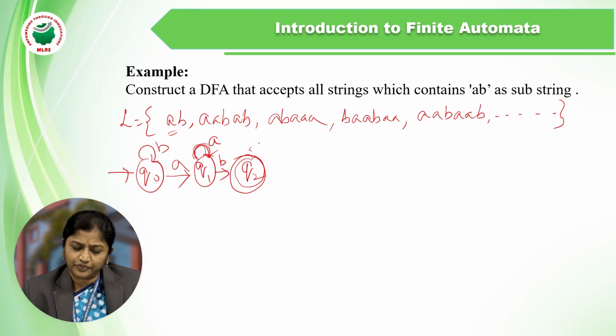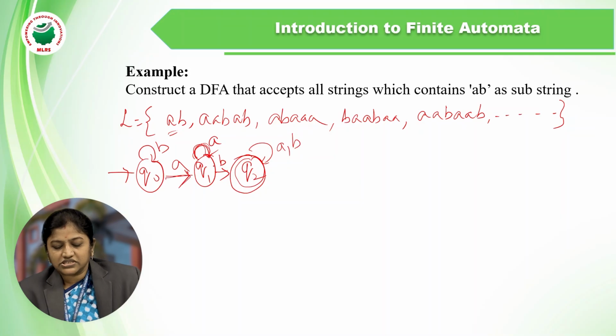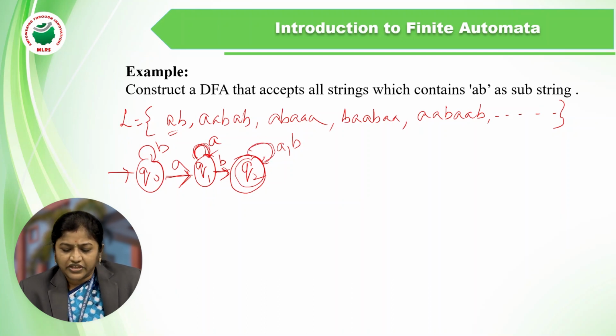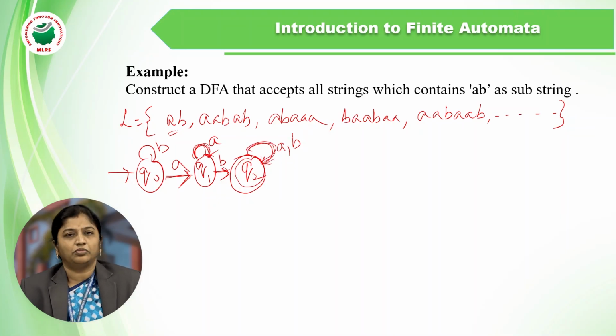Just take a loop, A comma B. Already this A is there, this B is there. So already AB acts as a substring here, right? So this is a substring here. After this, if n number of A's and n number of B's come here, also no problem. Already AB has occurred here. So this is how you need to draw the transition diagram.